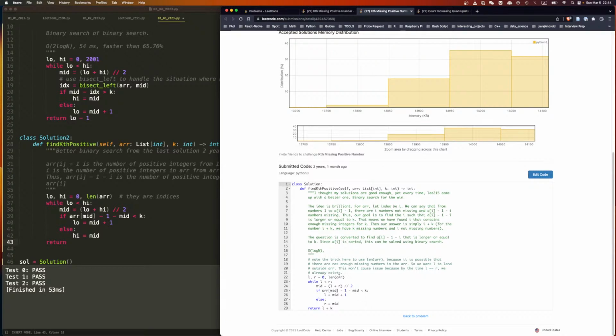That just means even picking the last one, even picking the biggest index, we still don't have enough k.